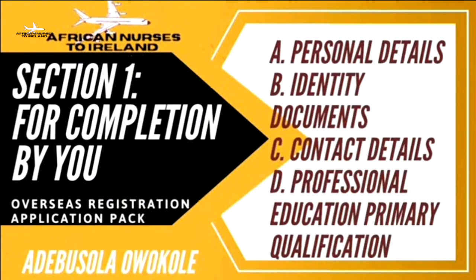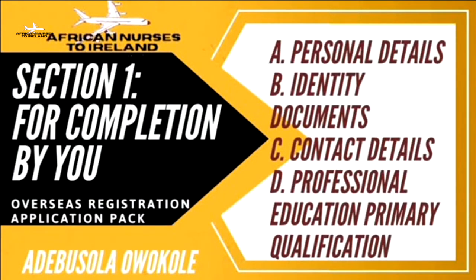Don't attach your photograph without putting your application reference number and your full name on the back of it. Remember, when you're writing your name, write your first name first. That's the way professional names are written in Ireland. Your first name first and your family name or surname comes last. So write your name and your application reference number on the back page of the photograph.